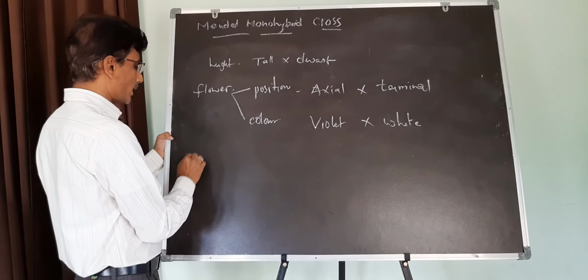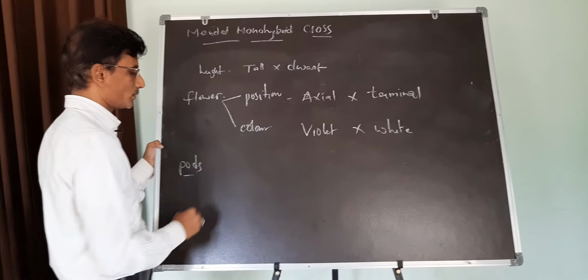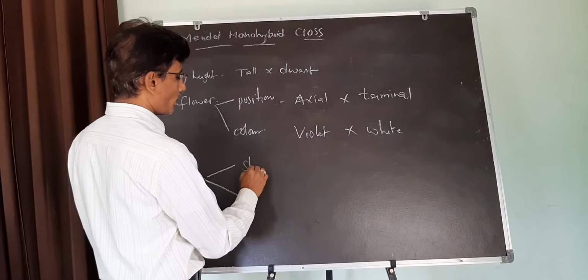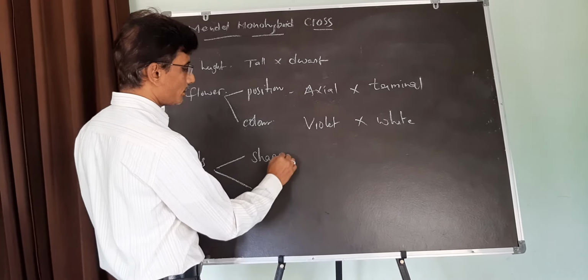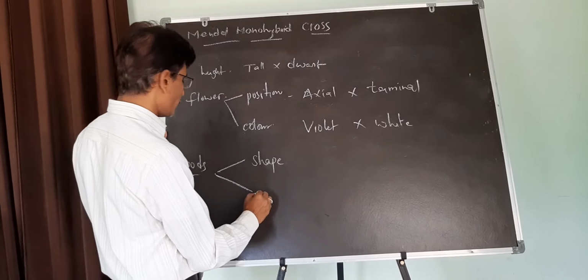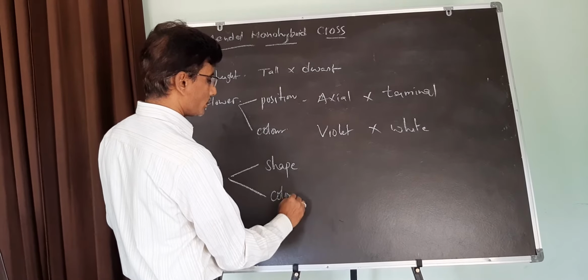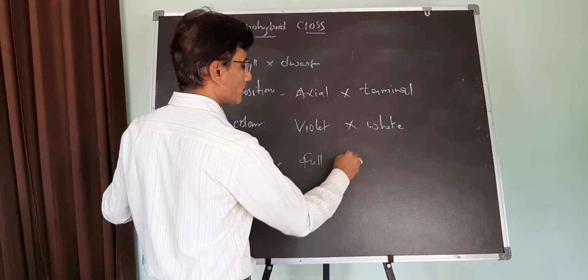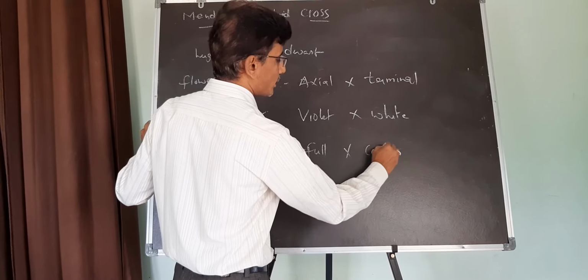Like that, we have taken 2 more characters of pods, or the fruits. What are those 2 characters of the pods? One is the shape of the pod, and another one is the color of the pod. The shape is full pods crossed with constricted pods. The color is green pods crossed with yellow pods.